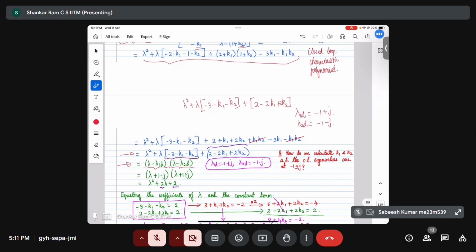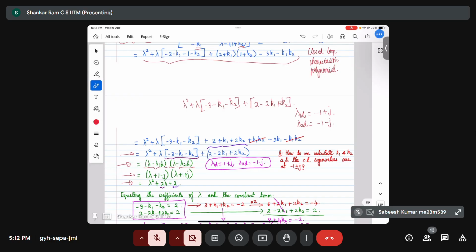The roots of the closed loop characteristic polynomial are the eigenvalues. So that's why we write it in this form. If we substitute for lambda 1 desired and lambda 2 desired and calculate this, we get the desired closed loop characteristic polynomial as lambda squared plus 2 lambda plus 2.